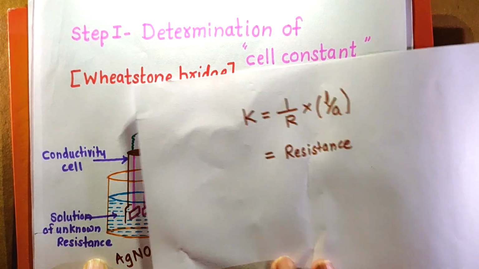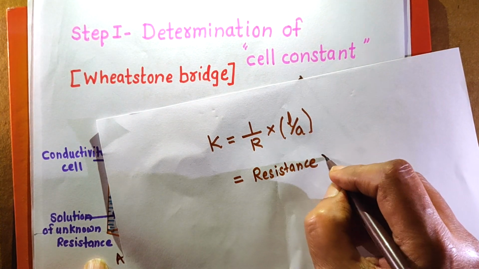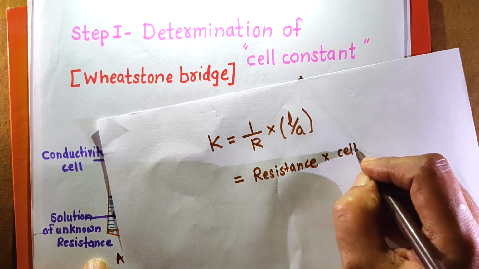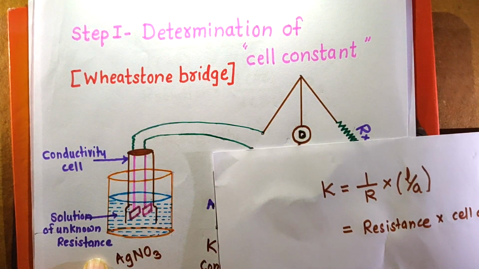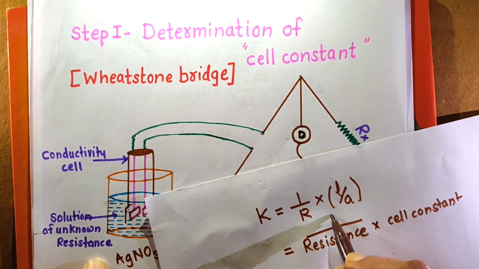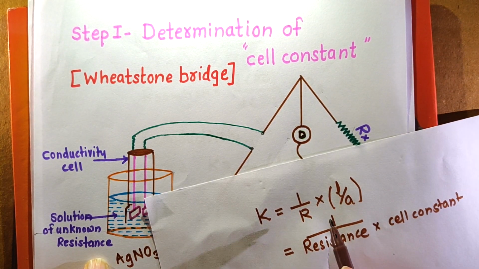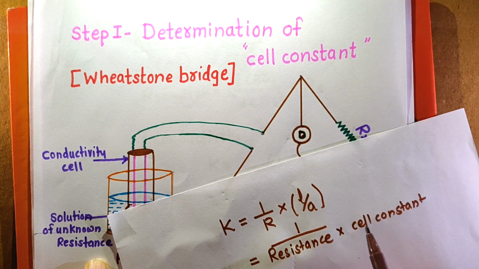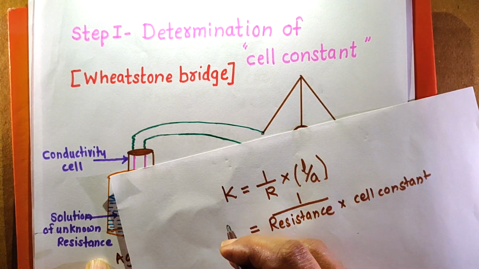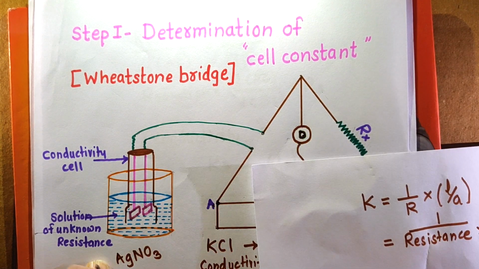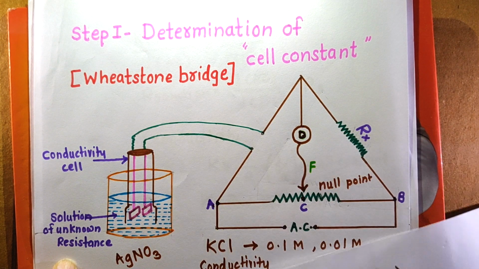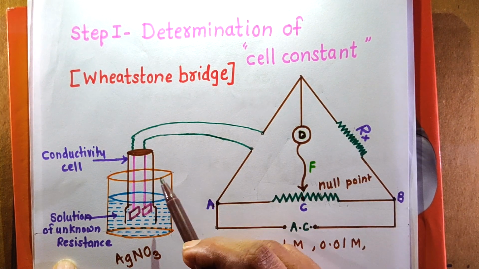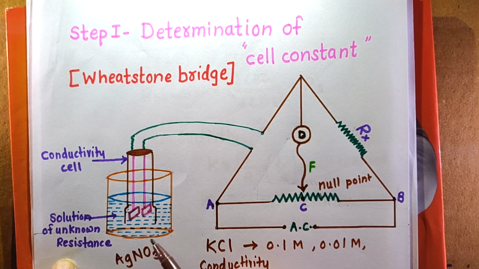Resistance of the solution AgNO3 is known to you, and cell constant is also known to you because we have used this same conductivity cell, and so by using this formula, 1 upon resistance into cell constant is equal to K. So by using this formula you can determine the conductivity of AgNO3 solution. So here the second step is determination of conductivity of the solution.